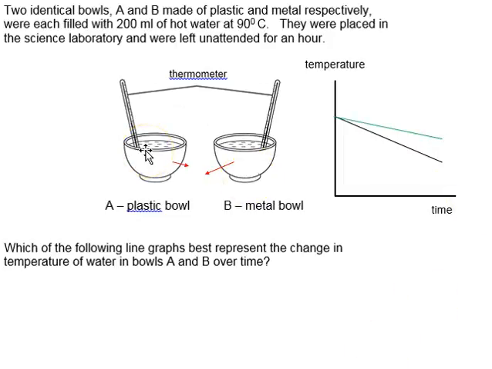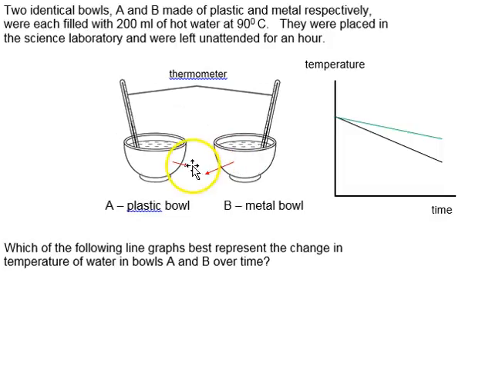Because the heat that escapes will be traveling at a slower rate, because the plastic is not a good conductor of heat. Whereas for the metal bowl, the heat will be escaping at a much higher, faster rate, because metal is a good conductor of heat.